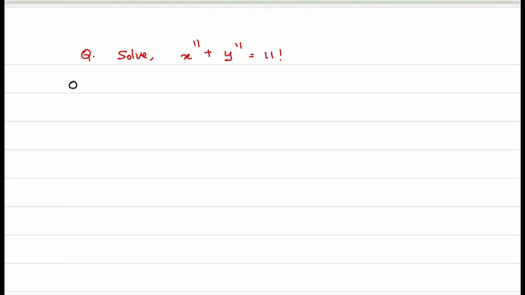It is in the form x to the power of n plus y to the power of n is equal to factorial n. If it is in this type, can we solve this equation by using some approximations?